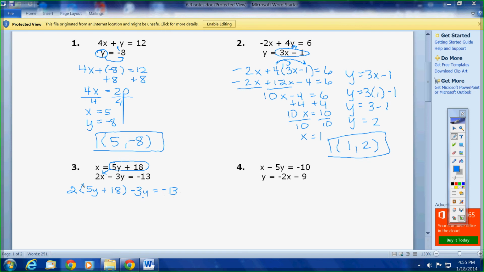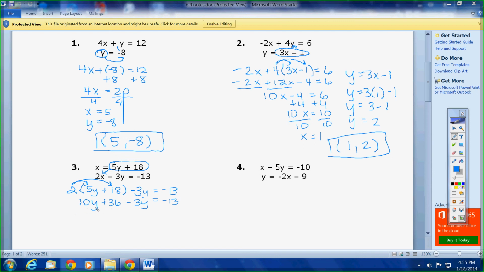Okay, again, we are going to have to distribute. 2 is going to get distributed through everything inside, what the x represents this time. That's going to give me 10y plus 36 minus 3y equals negative 13.